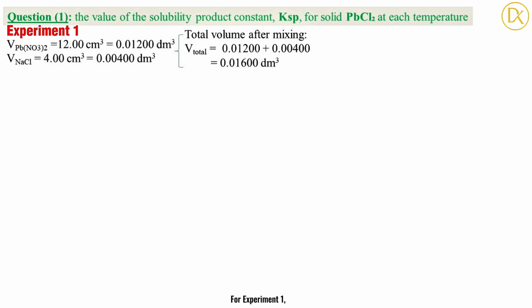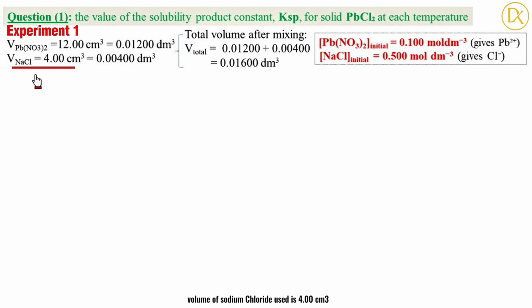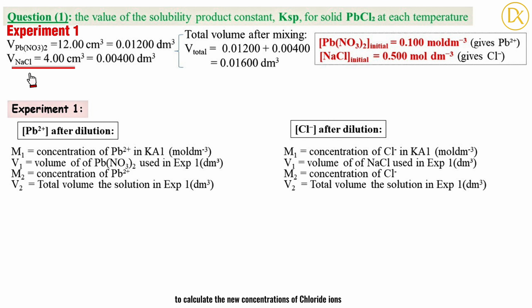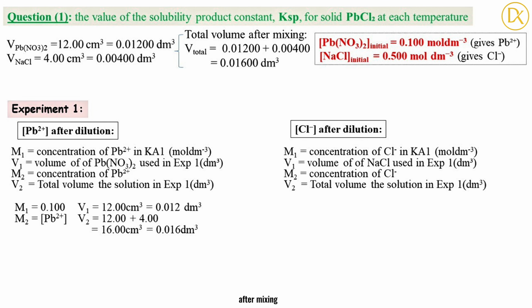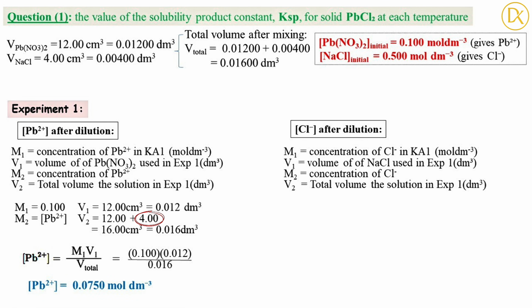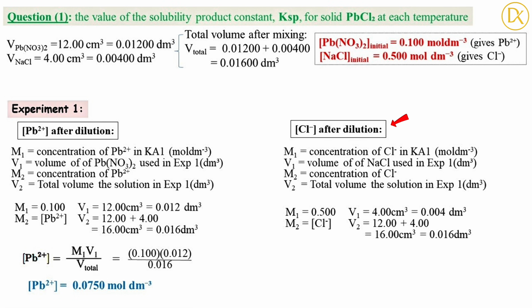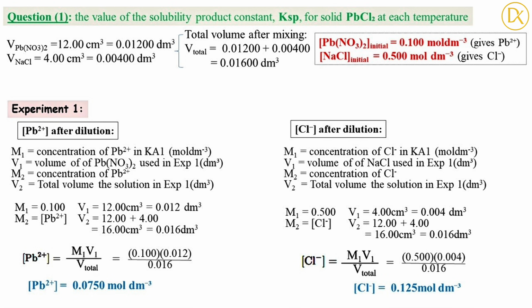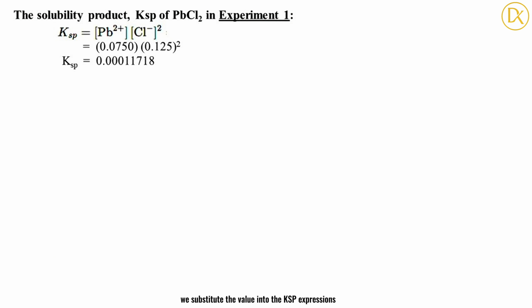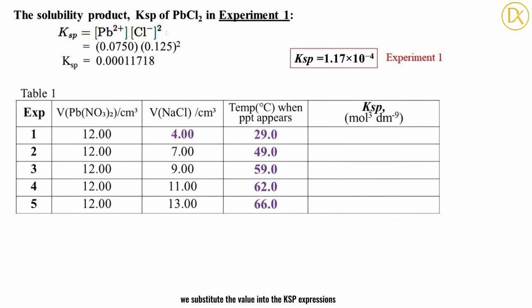For experiment 1, the volume of sodium chloride used is 4 cm3. We substitute the values to calculate the new concentration of chloride ions after mixing. Finally, we substitute the values into the Ksp expression.